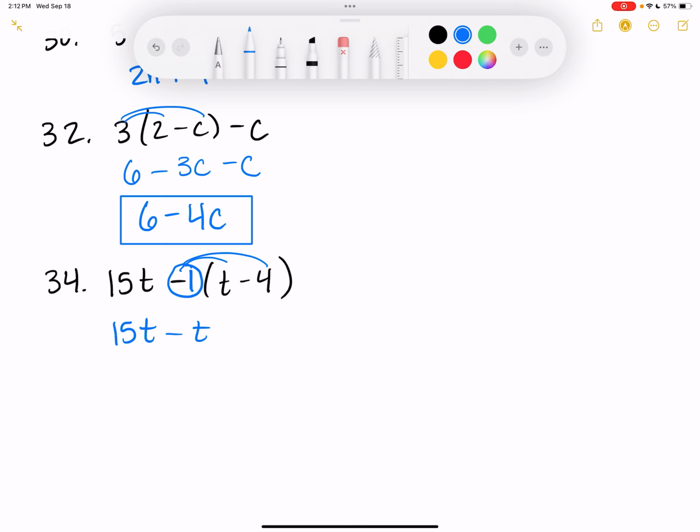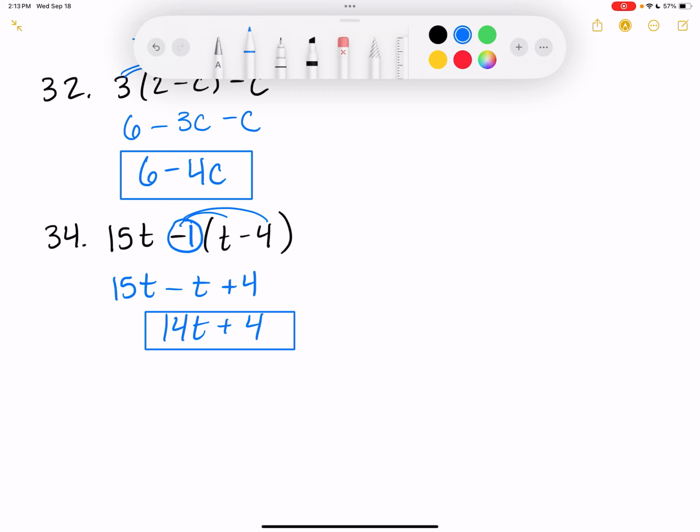Now I combine my like terms, and what do I get? 14t plus 4... 14t plus 1. Yep. Are we okay on that kind?